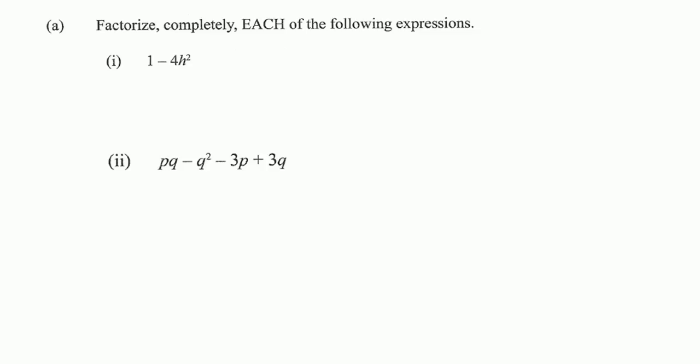So we have in A part 1, 1 minus 4h squared. If we look at that, that is actually the difference of two squares. I can write this as 1 squared minus (2h) all squared. And because it is written as a difference of two squares, I can factorize it as follows. It'll be (1 plus 2h) multiplied by (1 minus 2h).